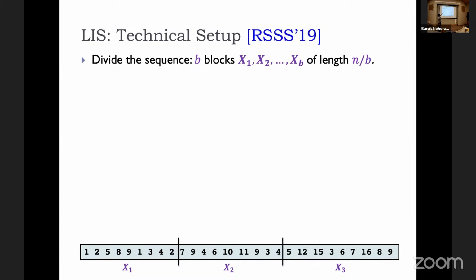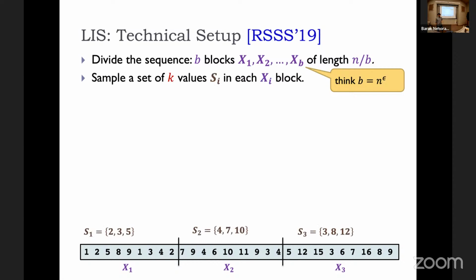So we'll divide the sequence into d blocks, call them x1 through xd, each of length n divided by d. You should think about this number of blocks as being an integer. Then eventually it is a recursive algorithm.